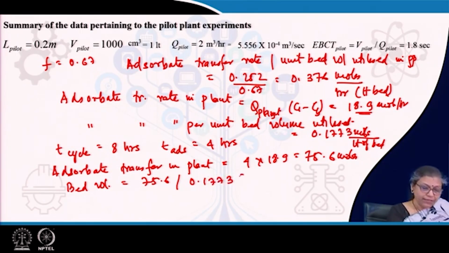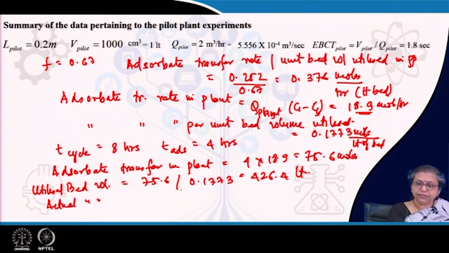Now, once we find out the bed volume that gets utilized, we can find out the actual bed volume. How do we find the actual bed volume? We consider this, and then we also take a safety factor of 1.3. So, using all those things, we can find out the adsorbent volume in the plant for operation up to the breakthrough point, right.